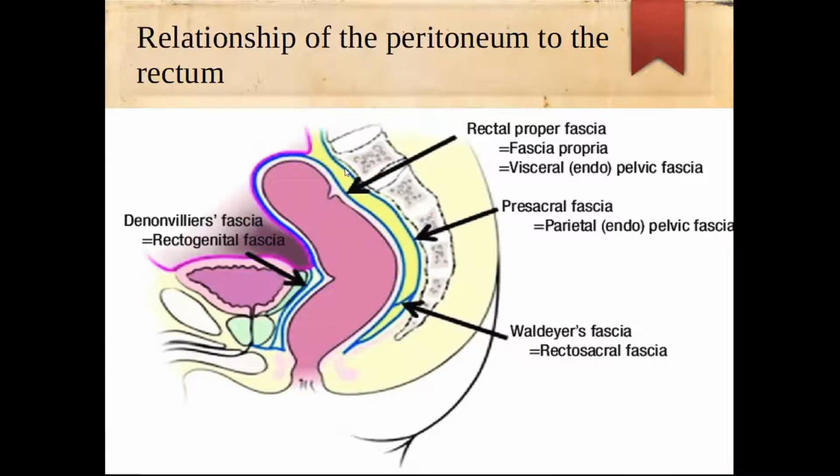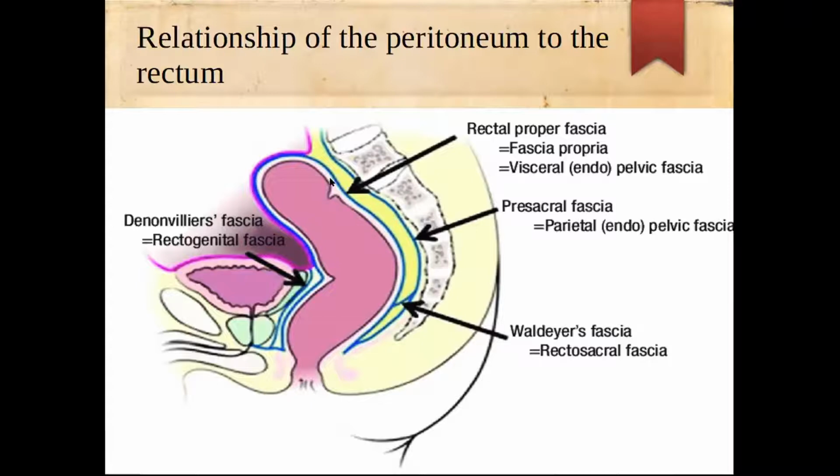If you breach the presacral fascia, you will injure the structures here. There are veins here, veins without valves and with high hydrostatic pressure. You will have a lot of bleeding, and this bleeding is usually difficult to control, and maybe you lose your patient.